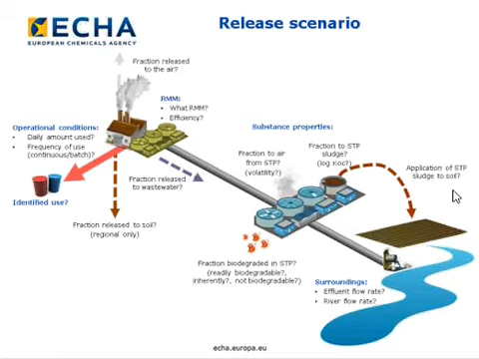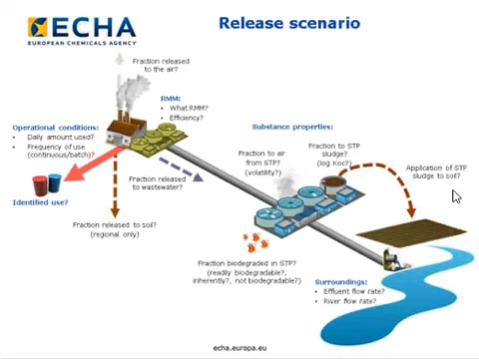Basically, not going into much detail on what types of release scenarios are available in EUSES, at least for REACH, from the REACH perspective, in general one release scenario via STP is available, with some assumptions behind it and some processes taken into account. As I mentioned, the picture reflects an industrial use which releases to STP, and later there is an application of sludge from STP and release to water after STP.